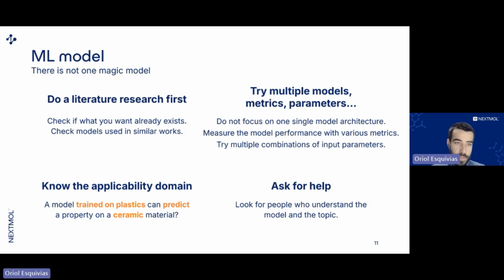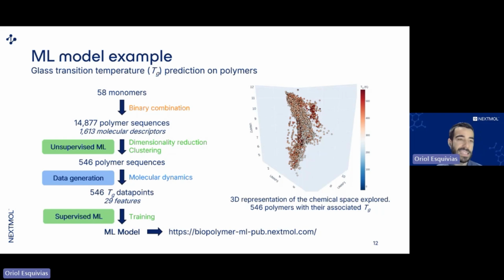Okay, so after this, what I want to show you is an example of a model that we built. This is a project that we did in collaboration with L'Oréal that predicts glass transition temperature, or Tg, on biopolymers.